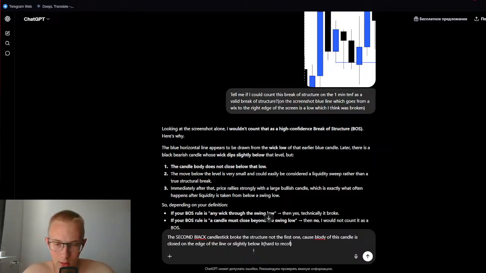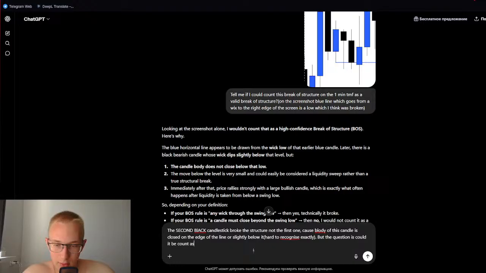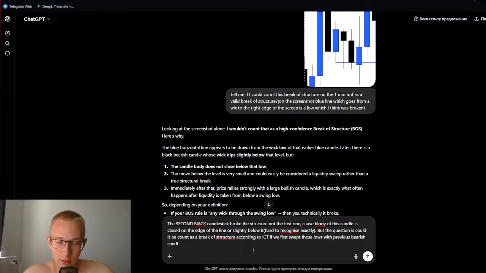Hard to recognize this exactly, but the question is, could it be counted as a break of structure according to ICT if we first swapped those lows with the previous black bearish candle, but not broke structure.